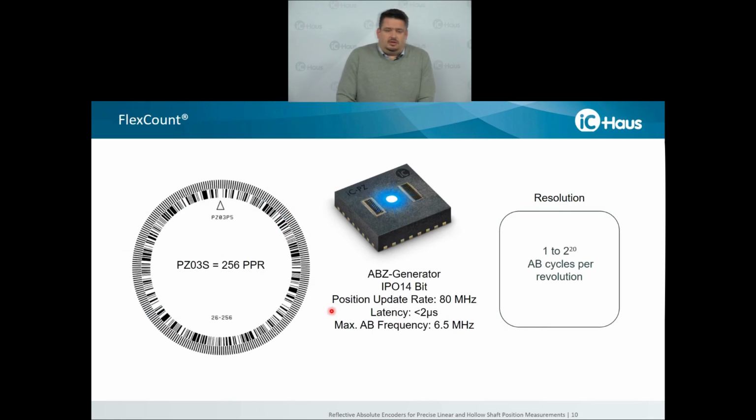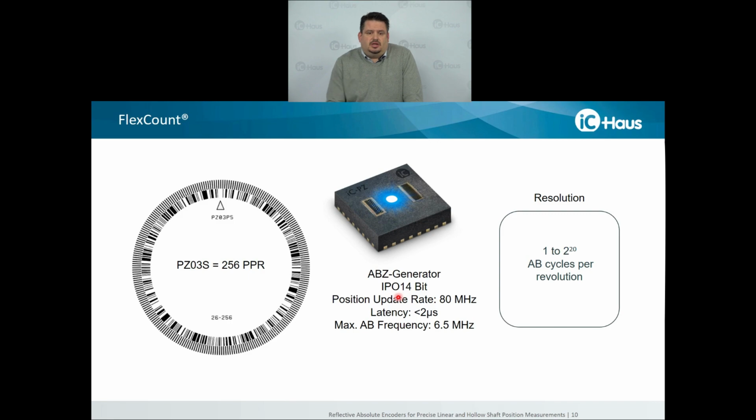One other excellent flex code feature is that when we look, for example, at a code disk with 256 native incremental resolution, we can use the internal interpolation core of up to 14 bits, which allows you to set up all possible resolutions, even odd numbers, up to 22 bits.